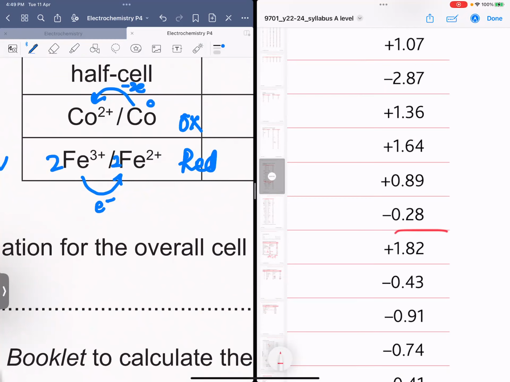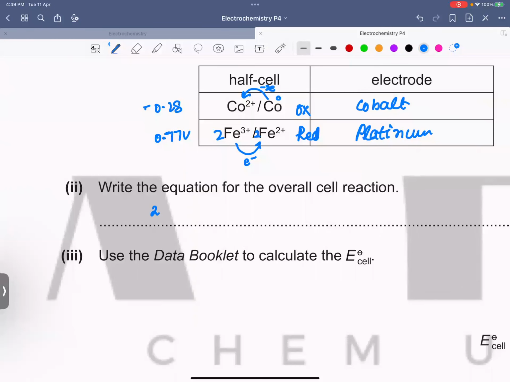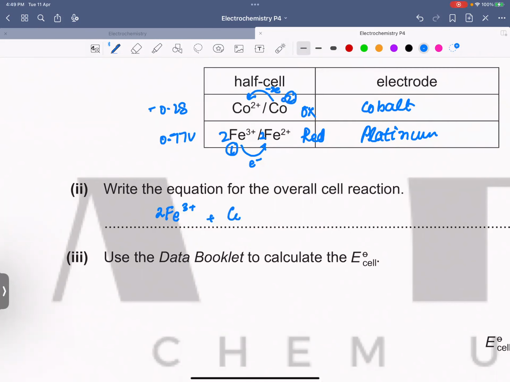So see, the net equation would be Fe3 positive first, second cobalt, then arrow, third 2 moles of Fe2 positive, and fourth Co2 positive.